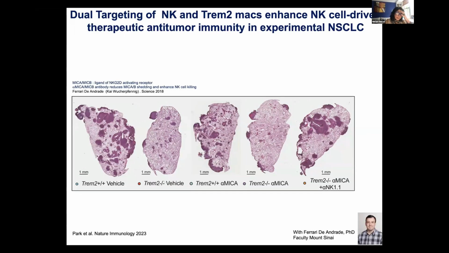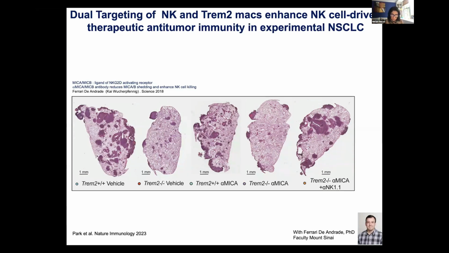Then, because the goal of this course is to think about therapeutic opportunities, what we saw here is that macrophages can be reprogrammed through modulation of TREM2 into an immunogenic phenotype. When we did that, we increased the accumulation of NK cells, and NK cells were also more functional.